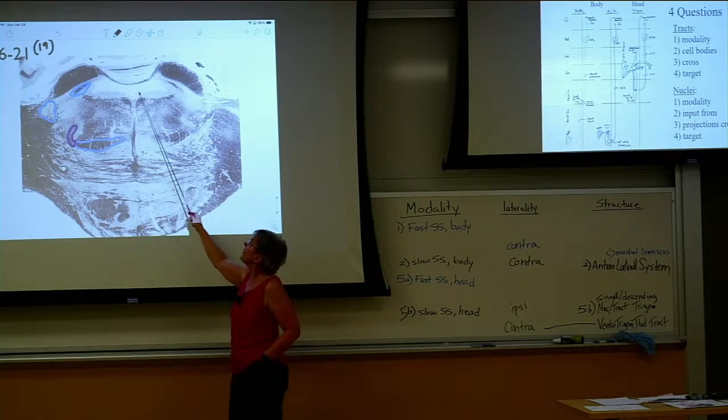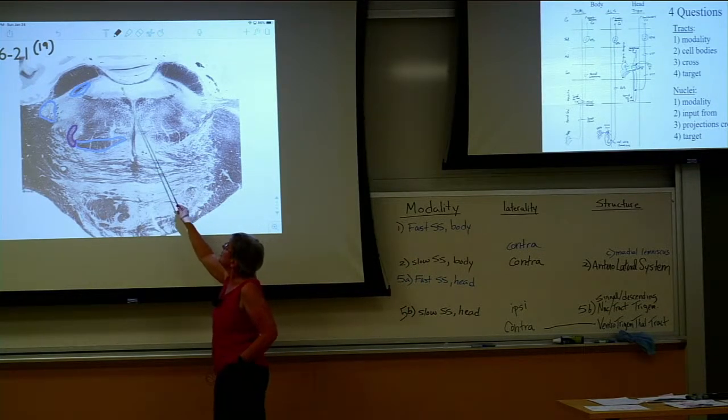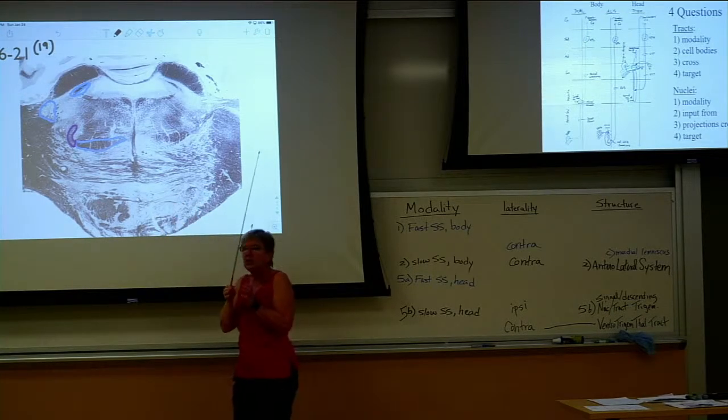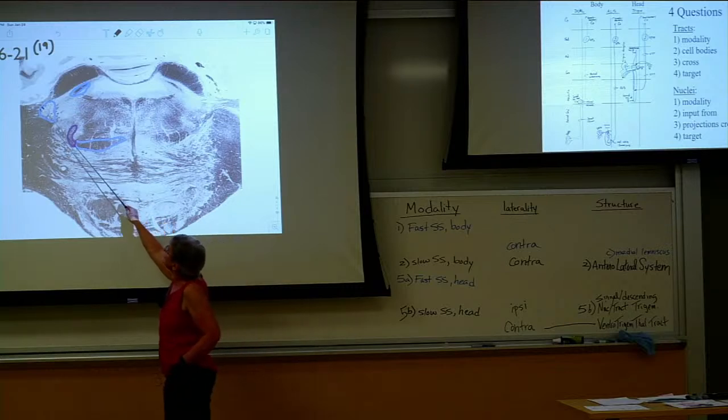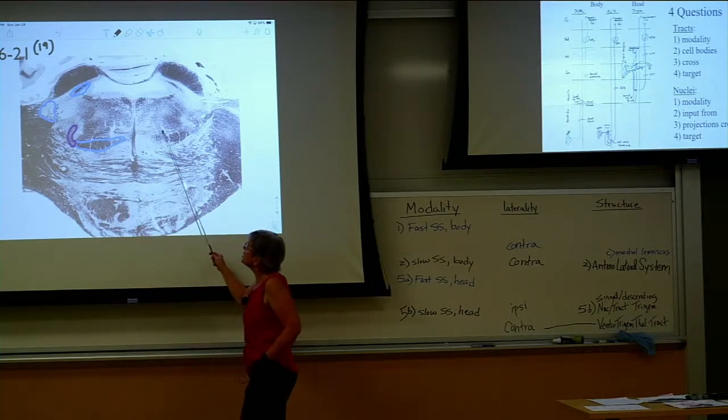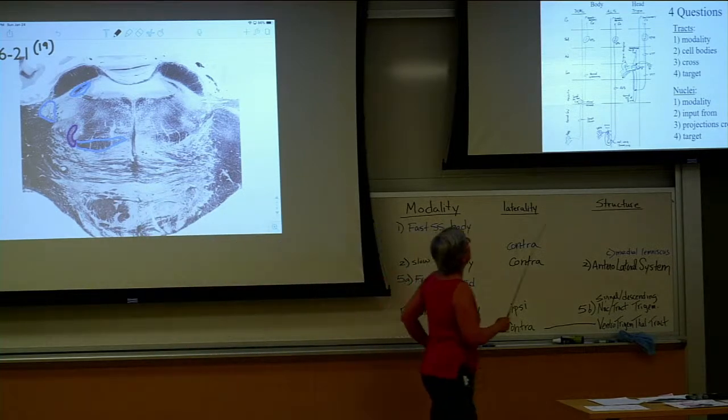Our landmark for that is going to be the fourth ventricle, which in this section is sort of squished, getting smaller now. And we have separation between the superior and middle cerebellar peduncles. So we are in superior regions of the pons.